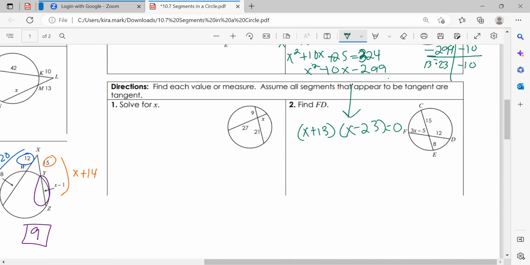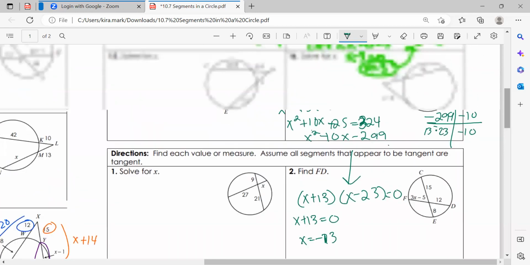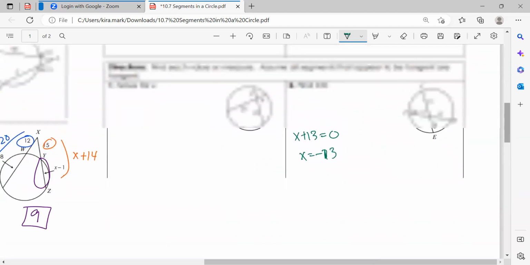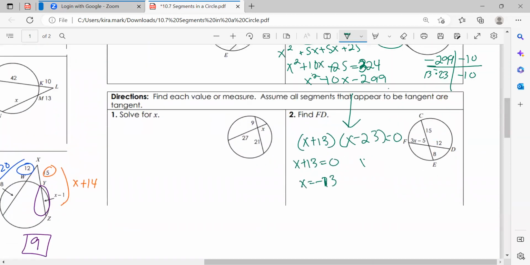Because it's equal to 0, we're going to set it equal to 0. Again, this guy is going to get you a negative 13. Negative 13. That's not possible in this example because that would get us a negative tangent when you plug it back in.